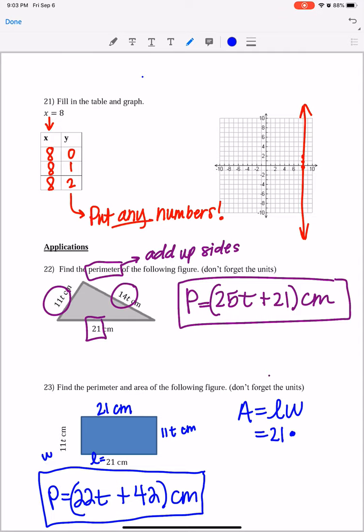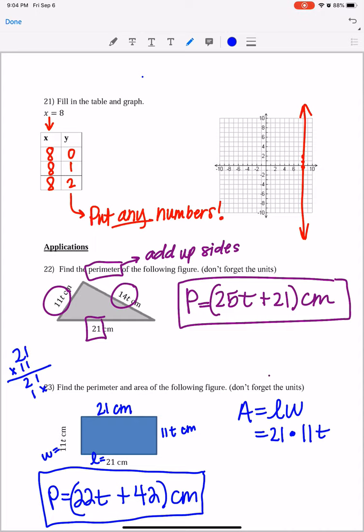And technically, your width is 11T. So multiply 21 times 11. 1 times 1 is 1. 21 times 1. Nope. 2 times 1 is 2. Skip a place. 1 times 1 is 1.